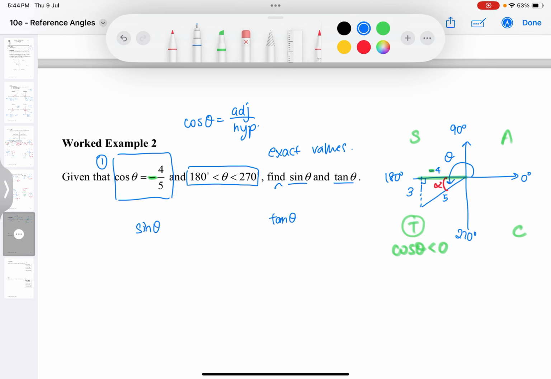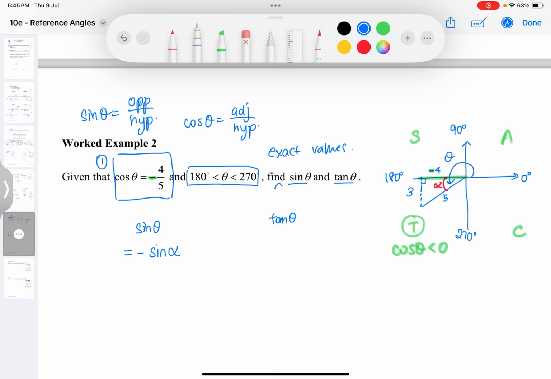Let's look at sine first. Sine is equal to opposite over hypotenuse. The angle theta is a very big angle, between 180 and 270, but it equals the negative of the corresponding basic angle.